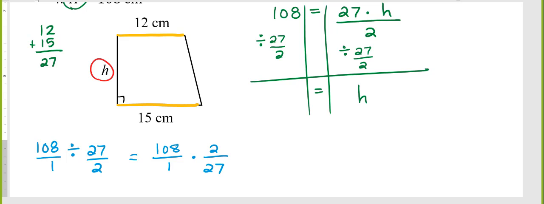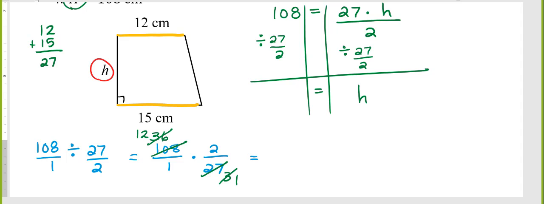Now 3 will go into both 108 and 27. 3 goes into 27 3 times. 3 goes into 108 36 times. You can reduce both of them by 9. 3 goes into 3 1 time. 3 goes into 36 12 times.